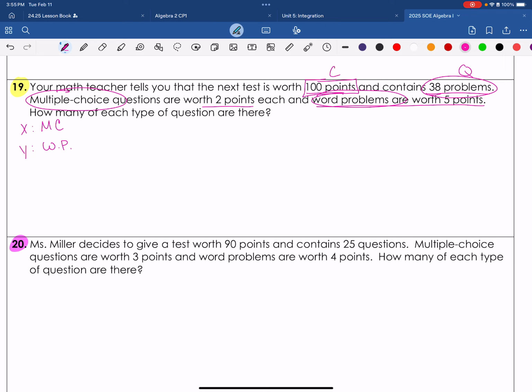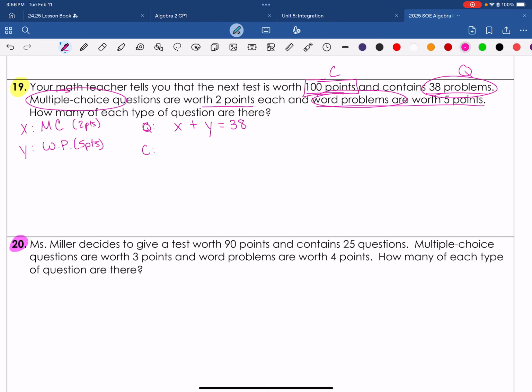All right, it tells me that multiple choice are worth 2 points each, and these are worth 5 points each. So I'm going to set up my quantity and my cost. So my quantity is that I have 38 problems, so I have my multiple choice plus my word problems, that gives me a total of 38.